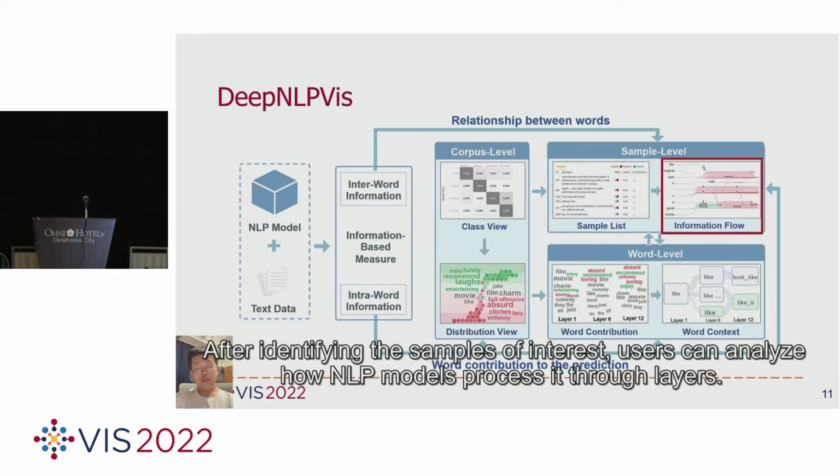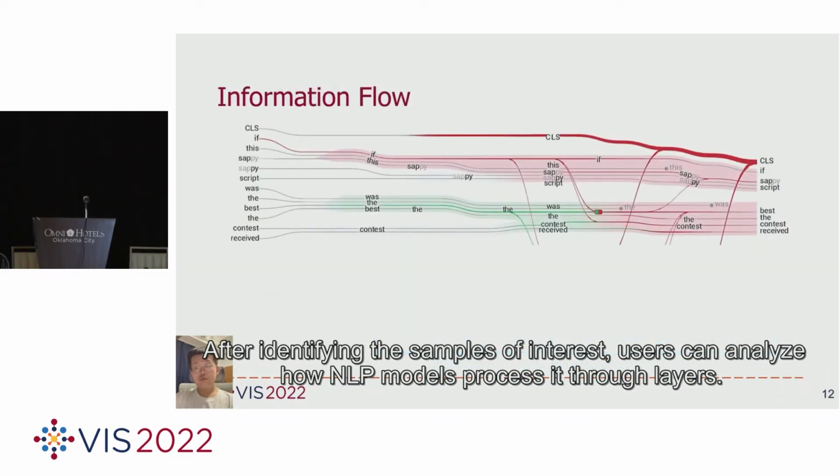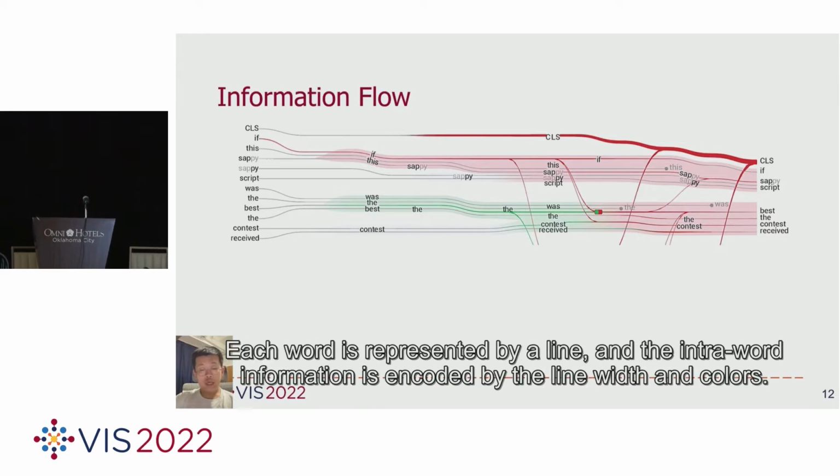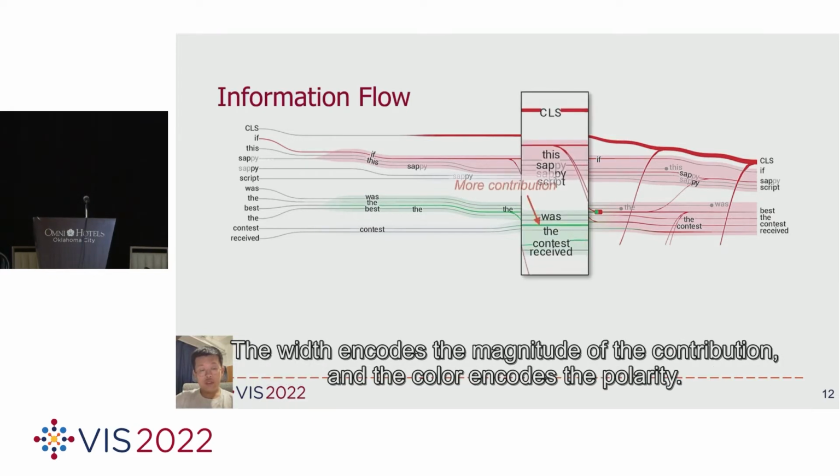After identifying the samples of interest, users can analyze how NLP models process them through layers. The design of information flow was inspired by storyline visualization. Each word is represented by a line, and the introvert information is encoded by the line width and colors. The width encodes the magnitude of the contribution, and the color encodes the polarity.